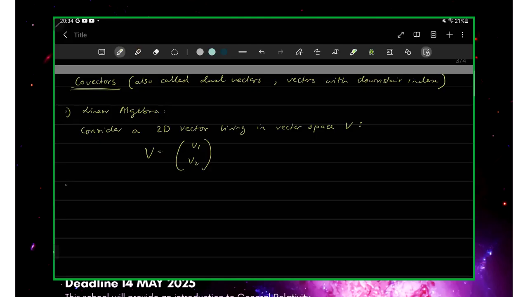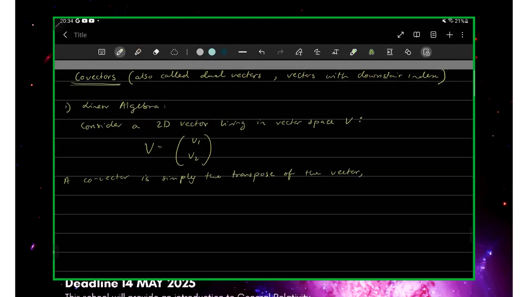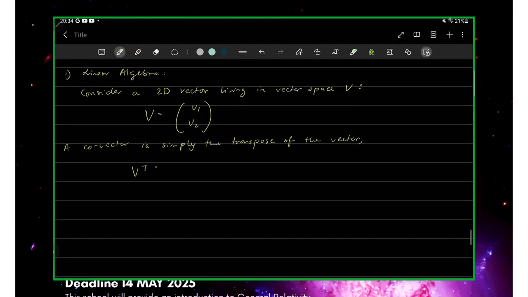A covector is simply the transpose of this vector. So you can write this as V transpose, V1, V2. This is essentially the covector which is associated with the vector.